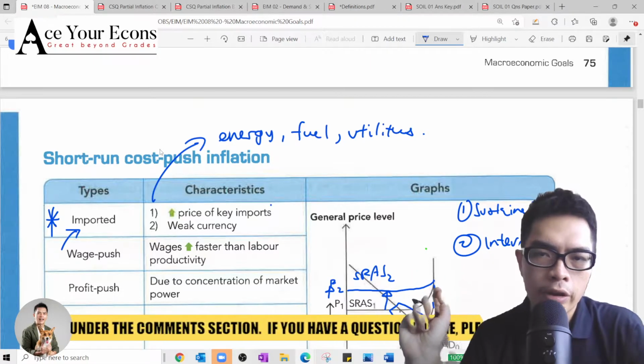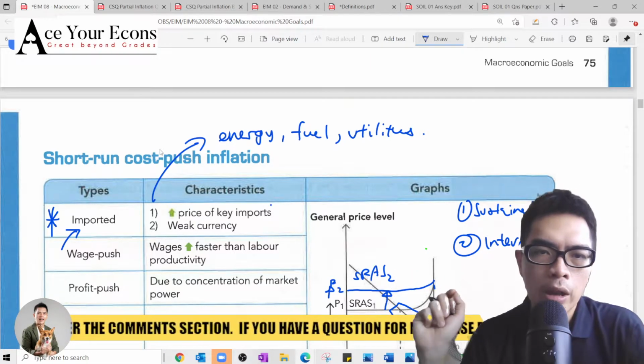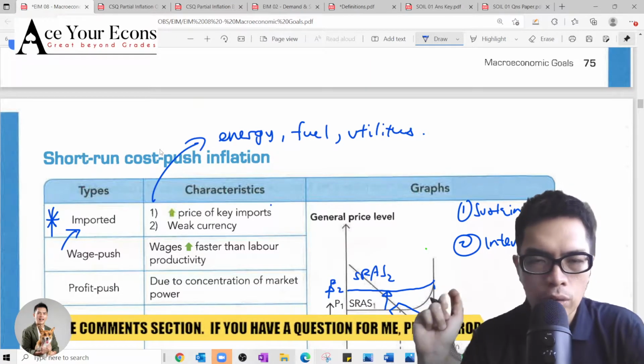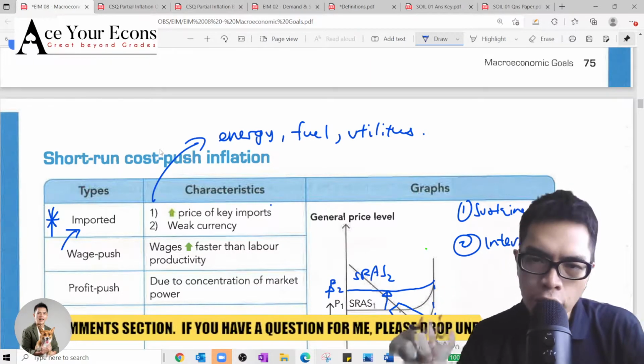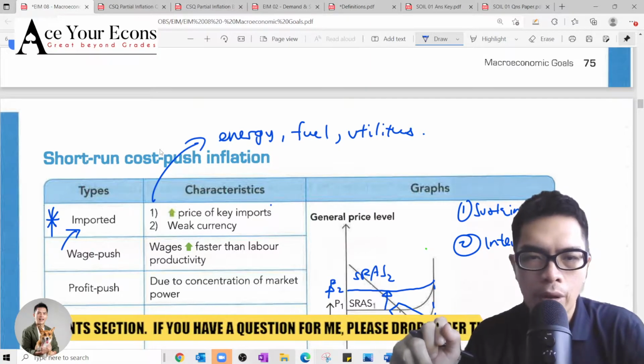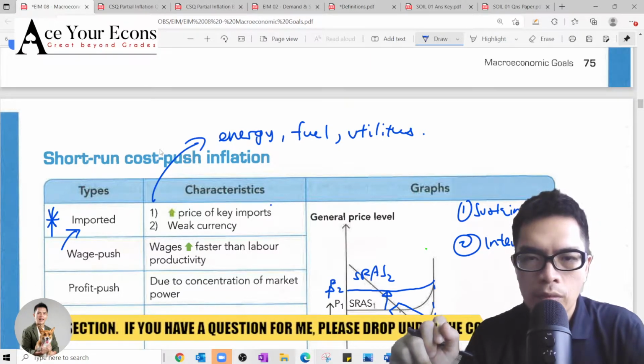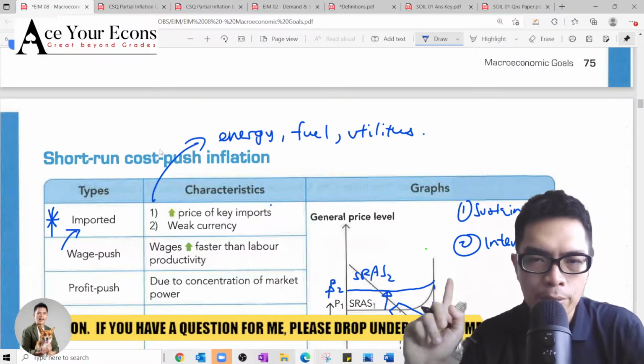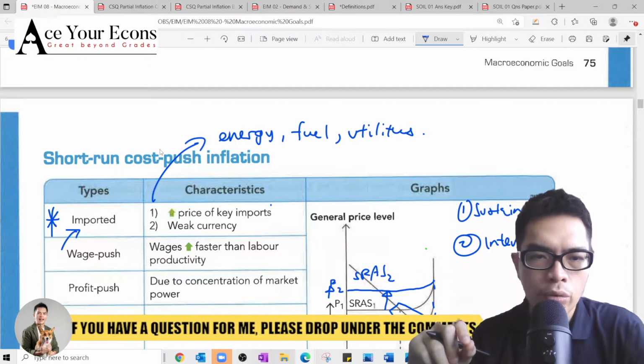Because energy, fuel, utilities will affect your production costs, especially if you are importing them from other countries. So make a mental note. You have to be exceptionally sensitive to these three.